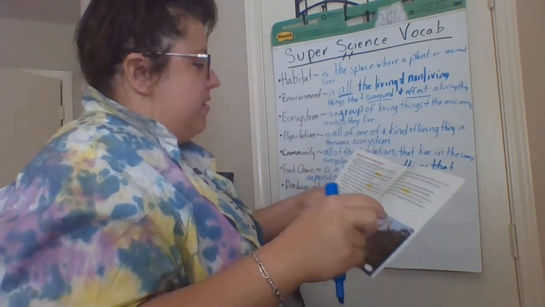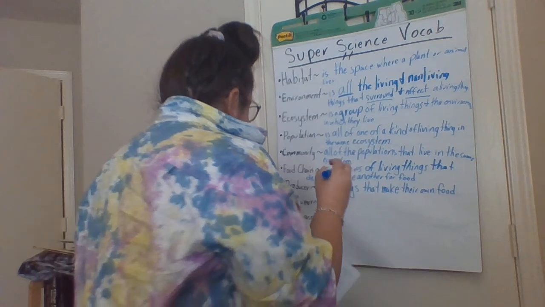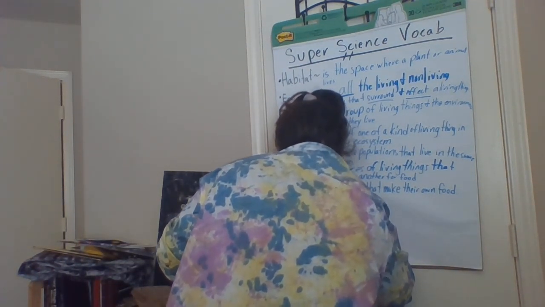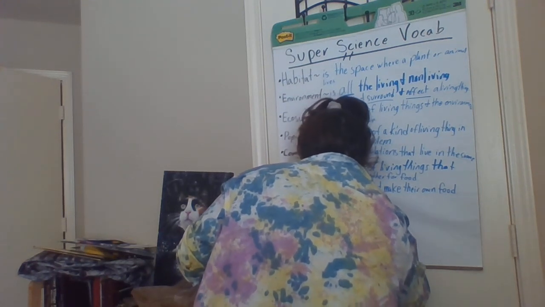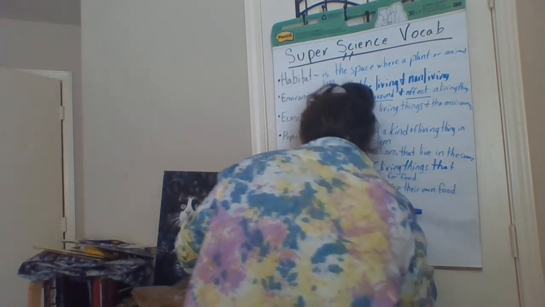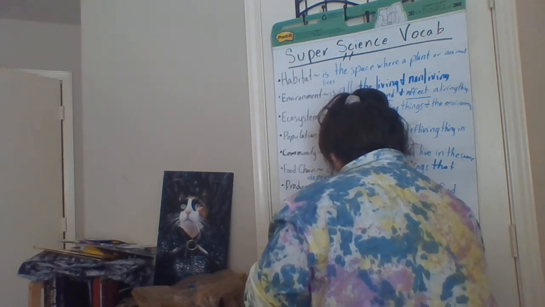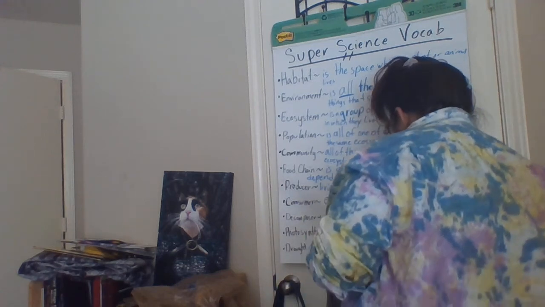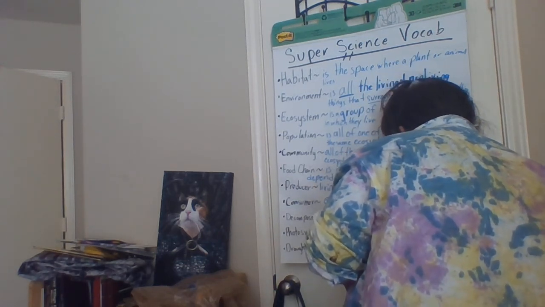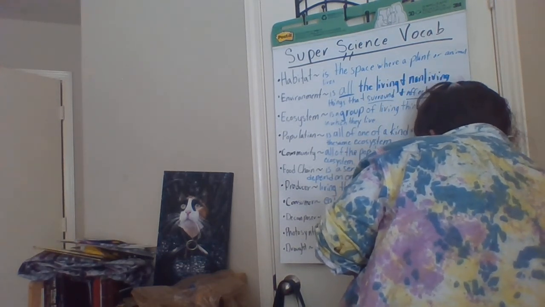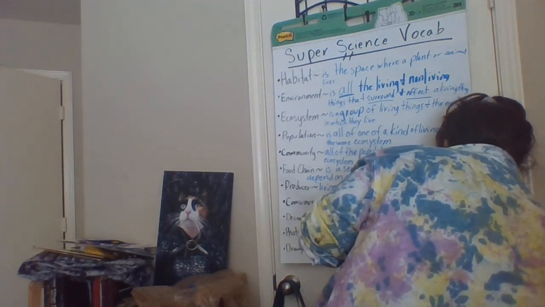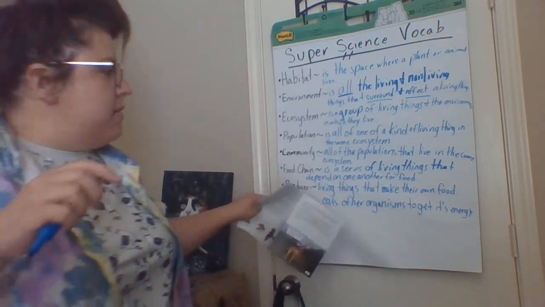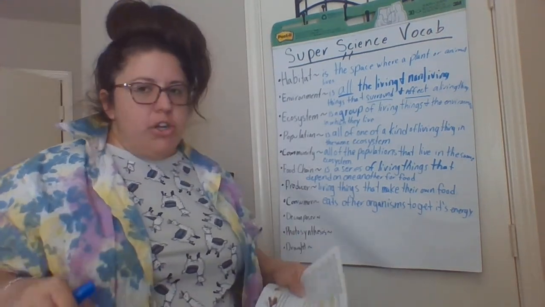All right, so consumer eats other organisms to get its energy. Okay, so I had to change it a little bit to make more sense. So a consumer eats other organisms to get its energy.